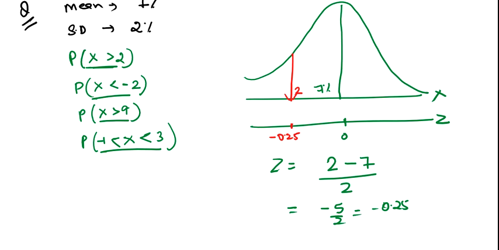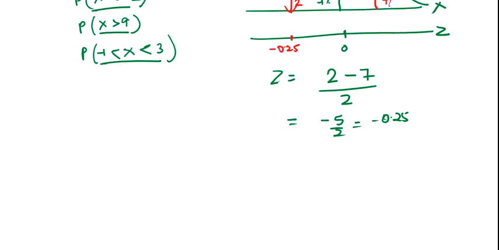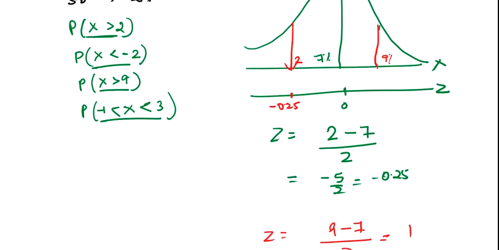Okay, so when my x is 9%, what will be the value of z? So z is equal to 9 minus 7 by 2, which means 1. Clear? So when x is 9, my z is going to be 1.